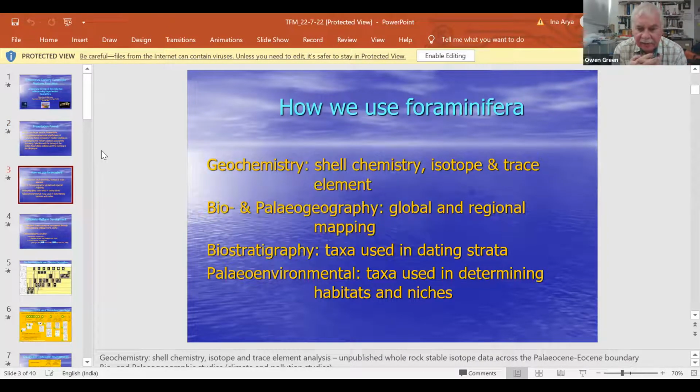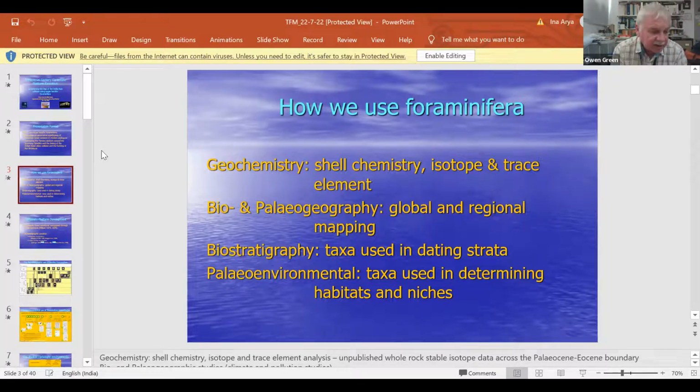So how do we use foraminifera? Well, they're used in a multitude of different aspects now. Clearly, with geochemistry, we can study the shell chemistry, the isotope and trace element, and also now doing a lot of genetic work, particularly on the modern forms that are around. We can also look at their bio and paleogeographic distribution, both globally and regional mapping.